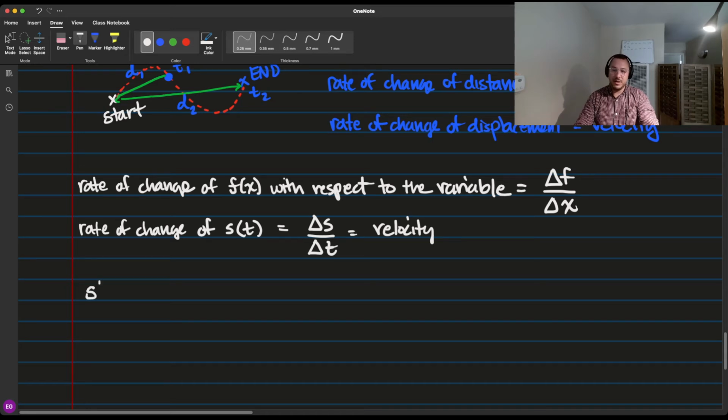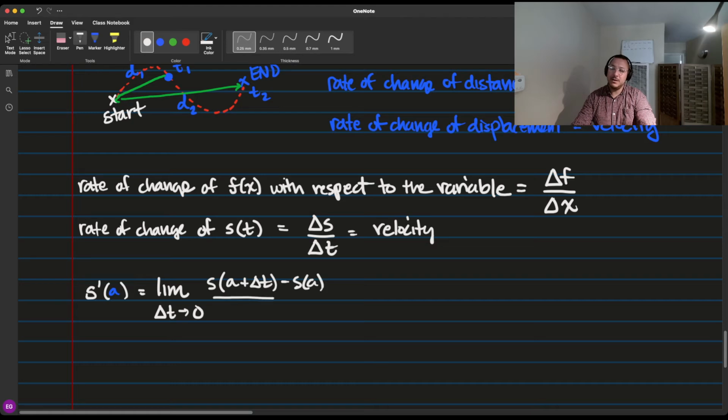The derivative of displacement at time a is equal to the limit as delta t goes to 0 of s of a plus delta t minus s of a, all over delta t.